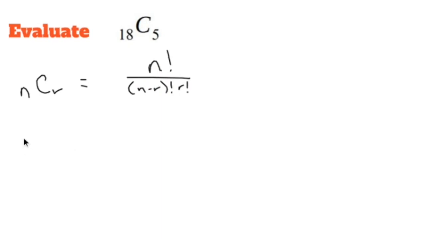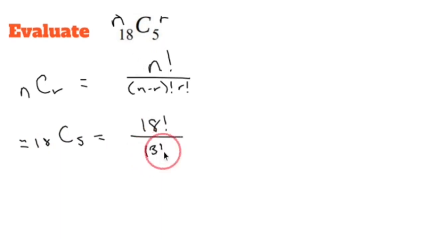So what I have here is, you're my n, you're my r, I have 18 C 5, which is 18 factorial over n minus r factorial. So let me see, 18 minus 5, 13 factorial times r factorial, which is 5 factorial.